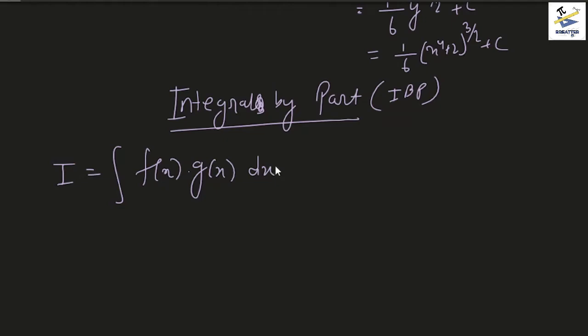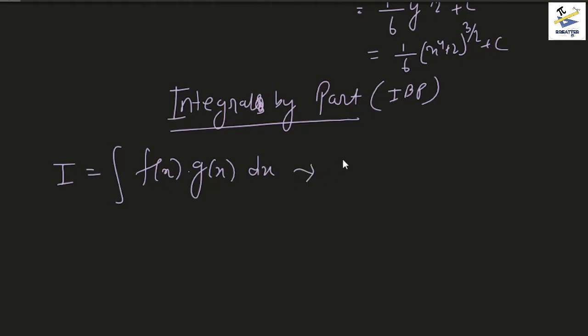What we do here is we try to label the functions as function 1 or function 2, and once we do that, we have an easier rule to find the integral in terms of another integral, which might be easier to solve. So as with derivatives, it does not obviously give you a direct answer, but it gives you a newer integral which might be easier to solve, and we have a rule for it.